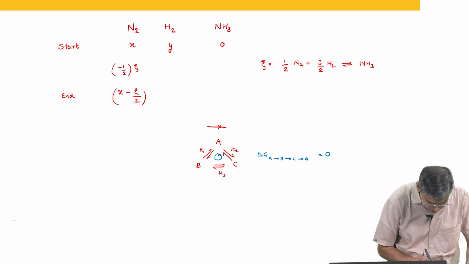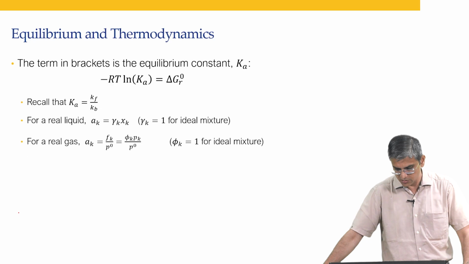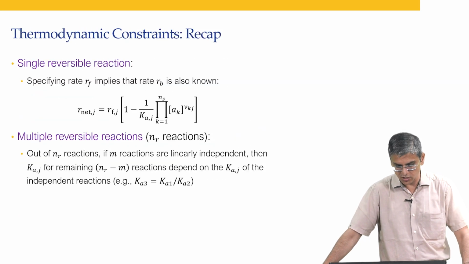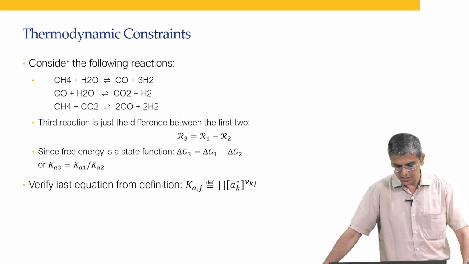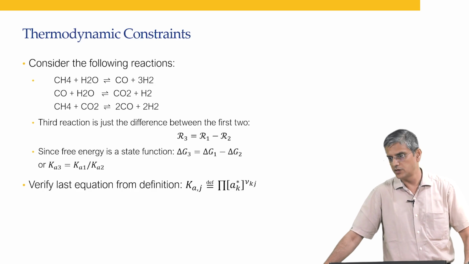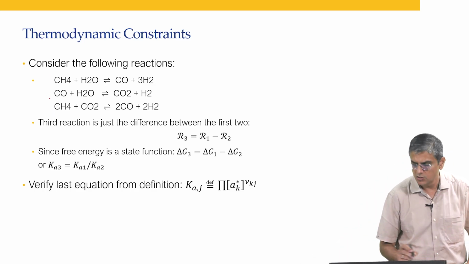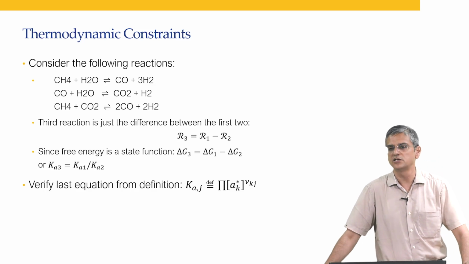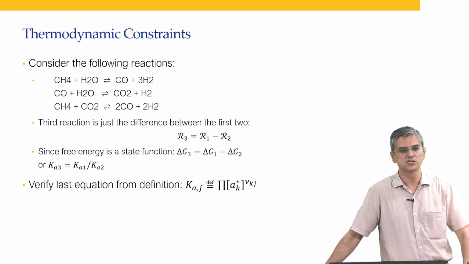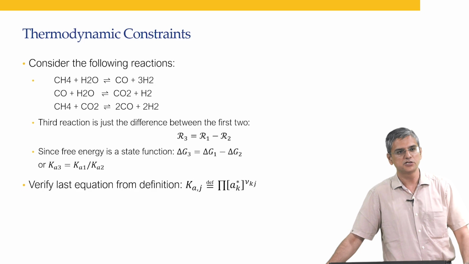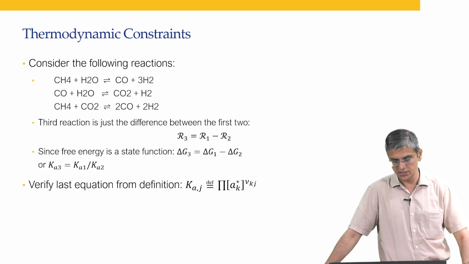And the last thing that I will state is, we are not going to actually solve these type of problems, but let us say you have a larger set of reactions as shown over here. Let us say you have say 500 reactions in 50 species. How do you know which reactions are linearly dependent or linearly independent?